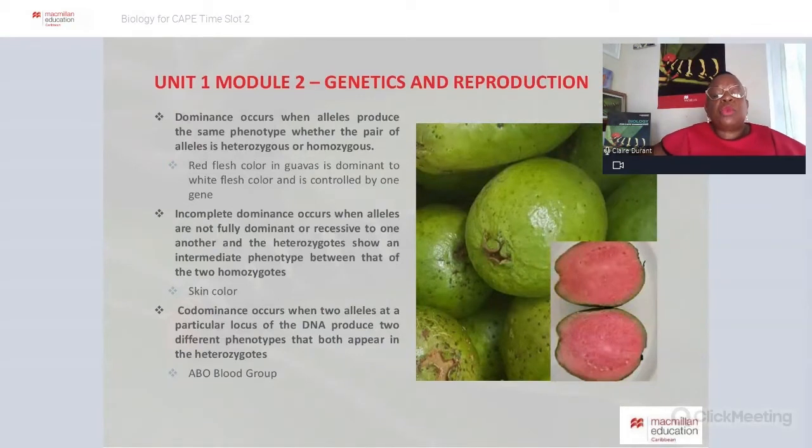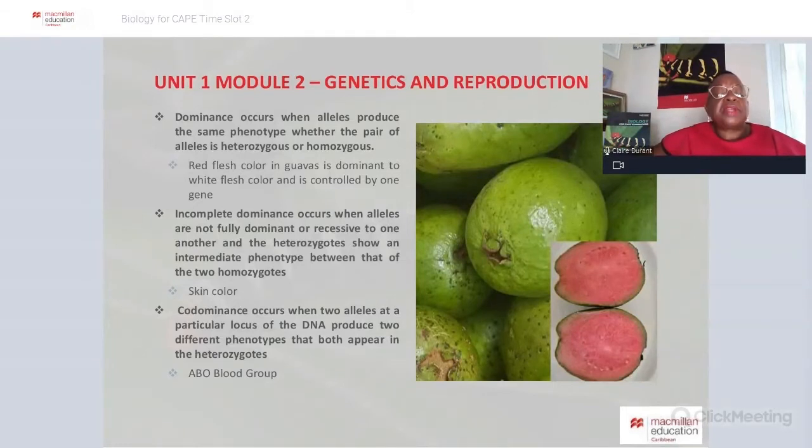So, we are in the Caribbean, and I'm certain that most people are familiar with guavas. The red flesh color in guavas is dominant to white flesh color, and this is controlled by one gene. Dominance occurs when alleles produce the same phenotype, whether the pair of alleles is heterozygous or homozygous.